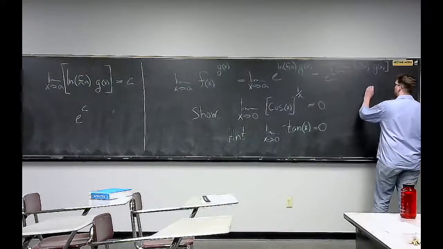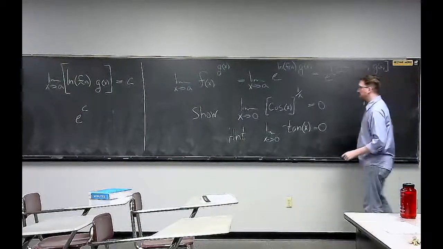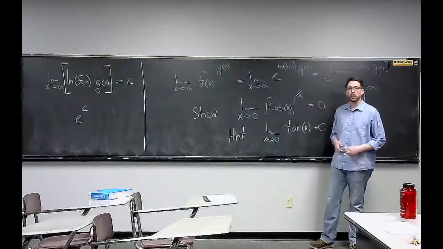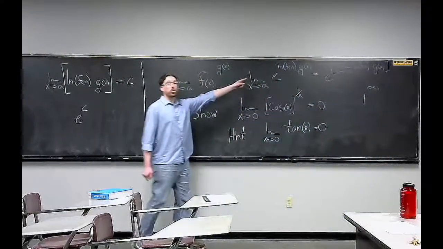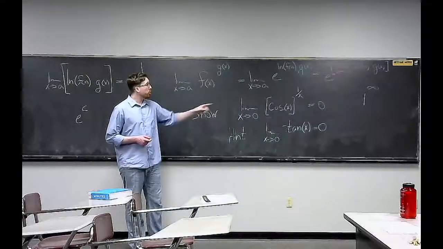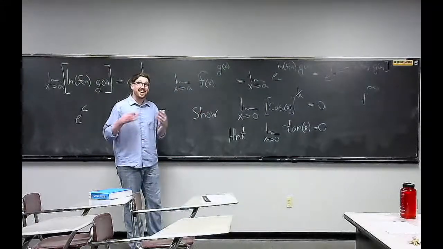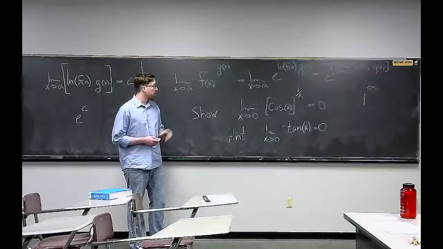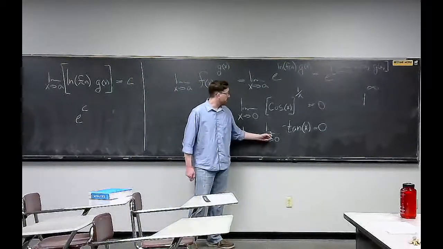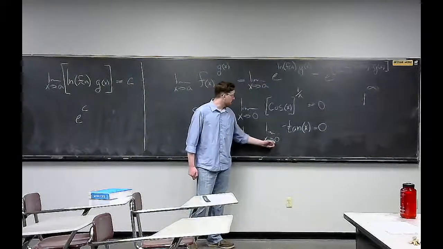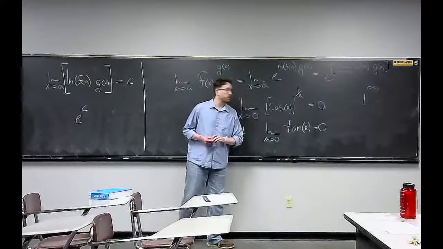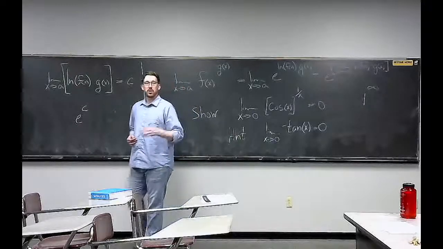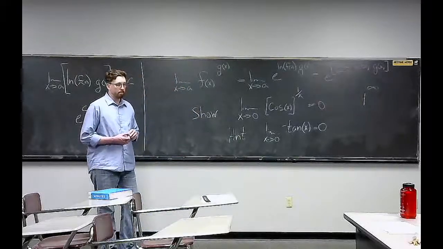This is like 1 raised to infinity, if you were to apply that limit directly. So you have to use this exponential trick that I was just talking about to this problem. And as a hint, you should eventually end up with the limit as x approaches 0 of negative tangent of x is equal to 0. And that'll tell you how to do the rest of this problem.